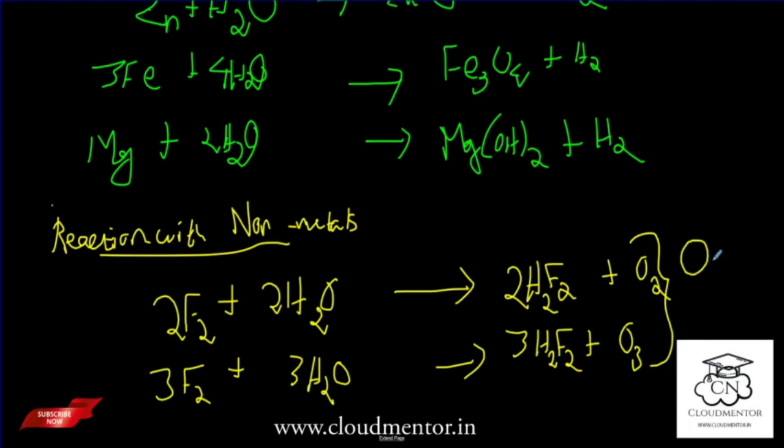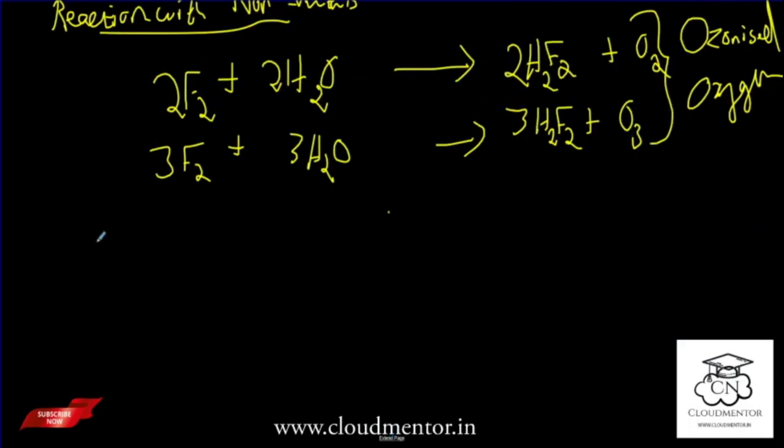This type of oxygen formed is known as ozonized oxygen. Okay, and chlorine also decomposes the cold water, forming HCl and HClO.